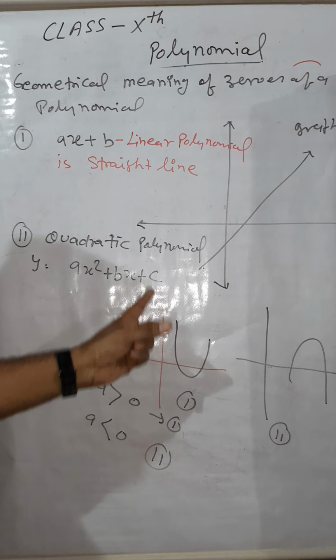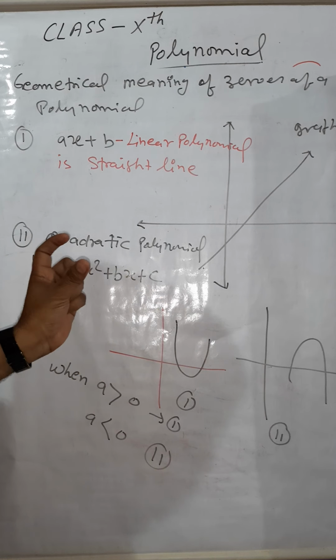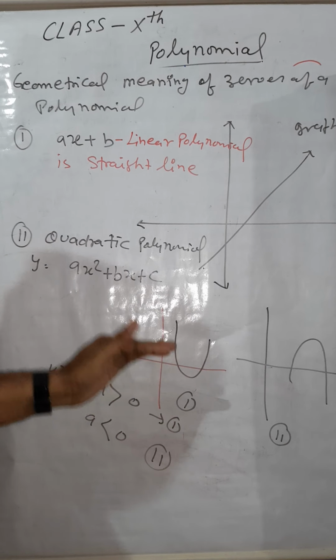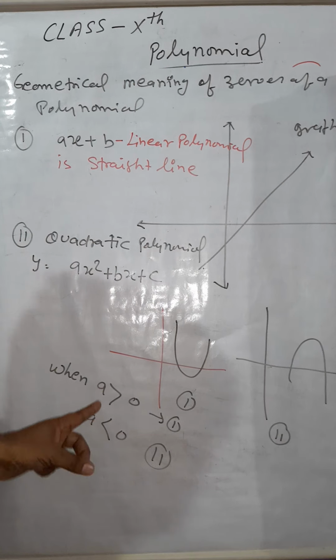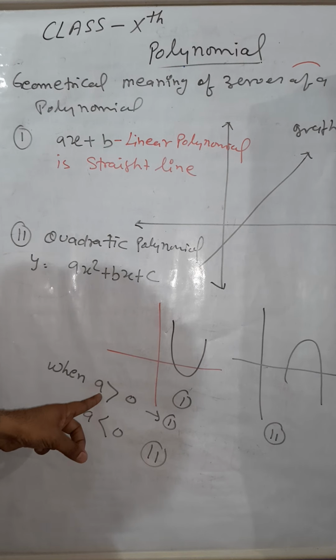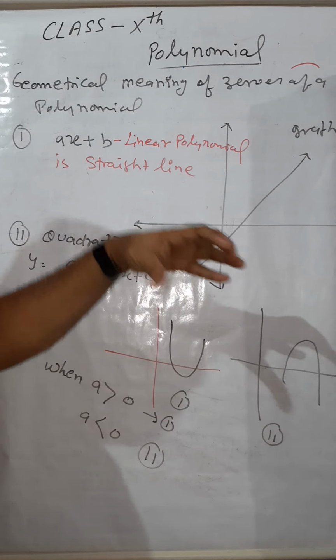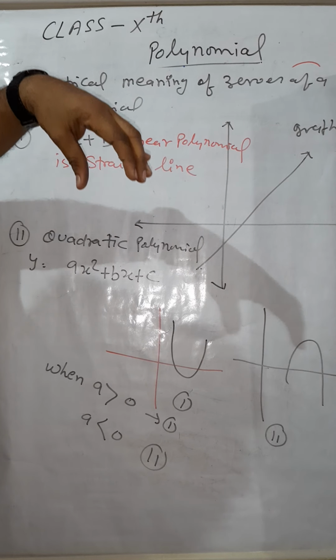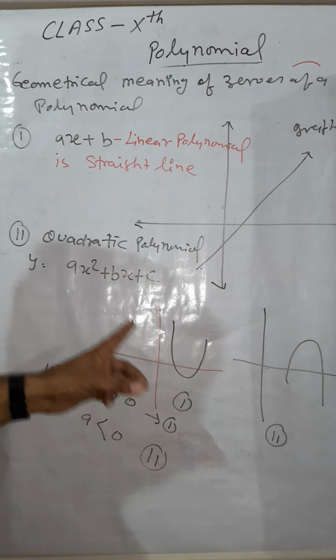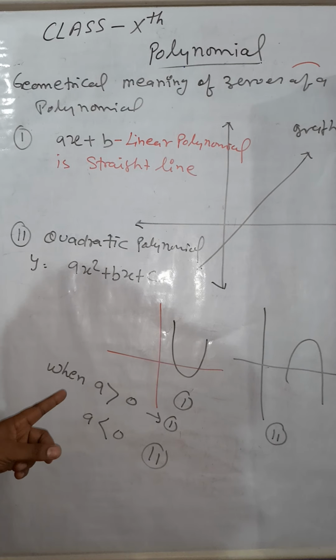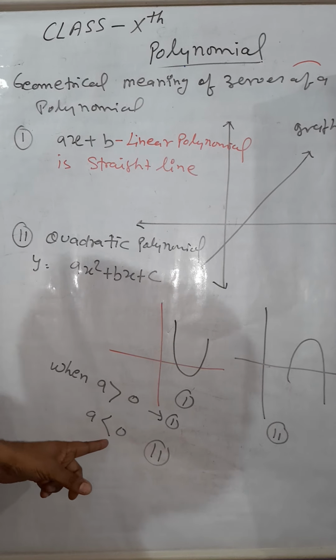This parabolic graph will open upward when the coefficient of x square is greater than 0, and it will open downward when the coefficient of x square is less than 0.